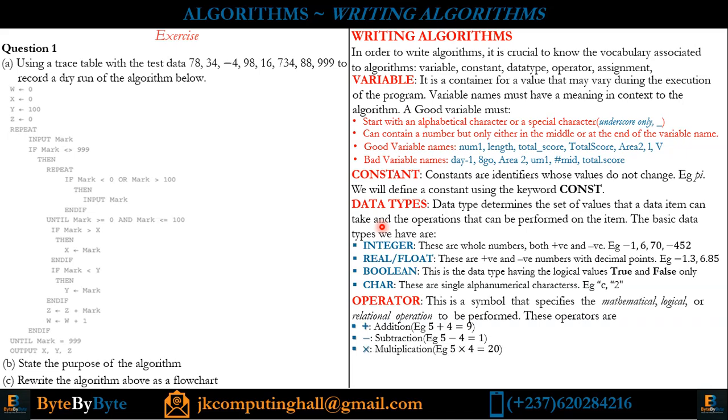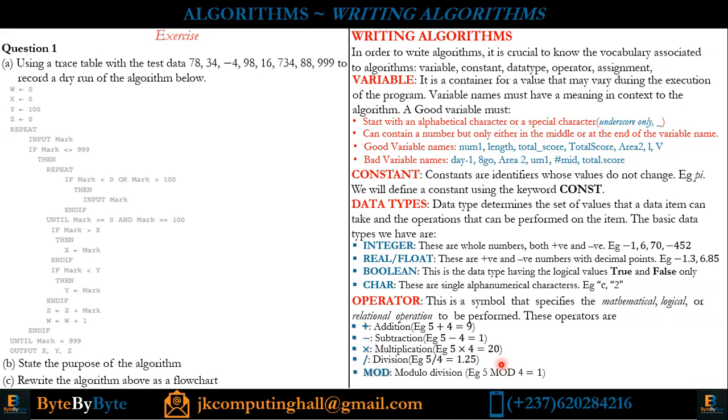We have multiplication, 5 times 4, 20. We have division, 5 divided by 4, 1.25. But guys, if 5 divided by 4 is assigned to an integer, as I told you during dry running, then only 1 will be assigned to the integer, because if you try to assign a real or float value to an integer variable, that integer will only store the integer part of the float.